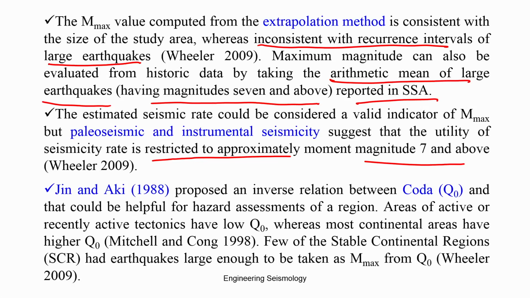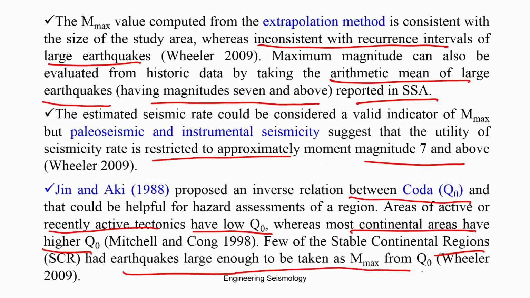Then Jin and Aki proposed an inverse relation with the Coda wave. The Coda wave is basically what you get after the S wave, the scattered waves, and it is helpful for hazard assessment in the region. The active tectonic regions have a low Q0, whereas most continental areas have a higher Q0. For the stable continental region, the SCR, earthquakes large enough are taken as the m max from the Q0.